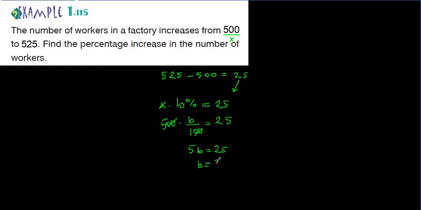So b is equal to 25 over 5. b is equal to 5. So we are going to increase the number of workers in the factory by 5%, and we are going to get 525 workers in the factory.